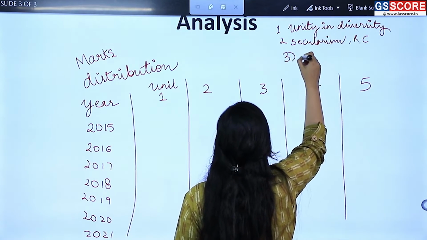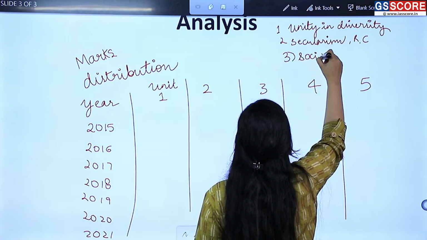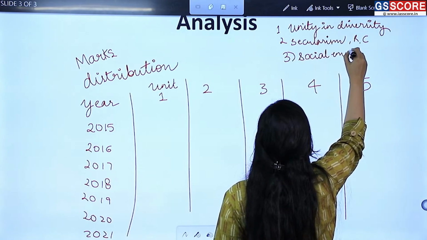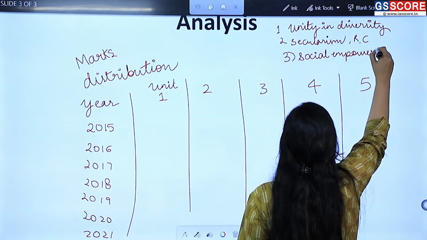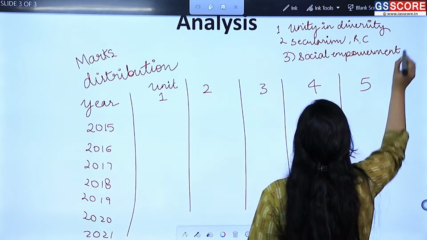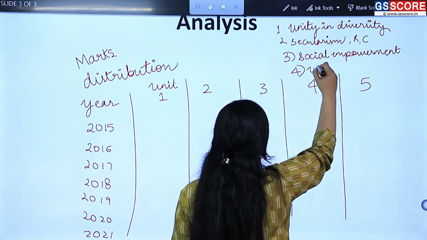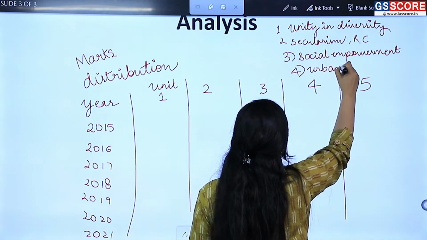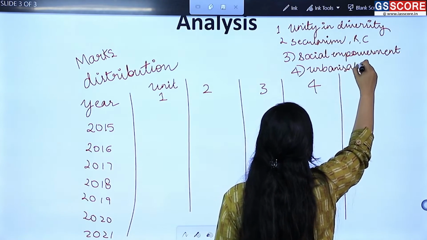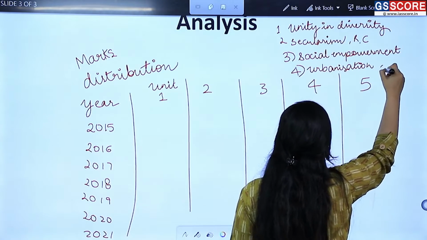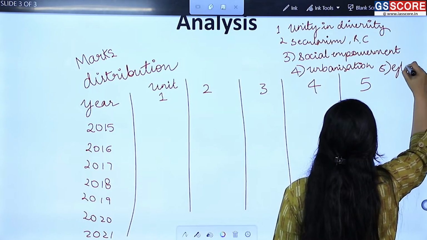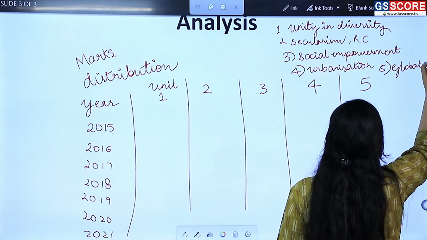Unit 3 is social empowerment, called the conscientiousness part. Unit 4 is urbanization, and unit 5 is globalization, according to the UPSC syllabus.